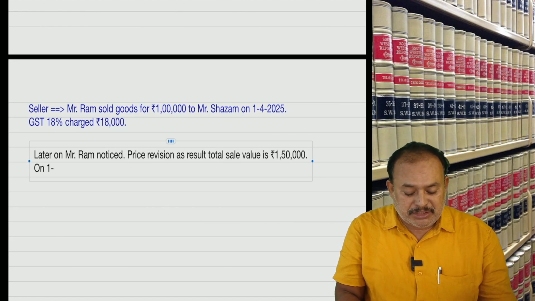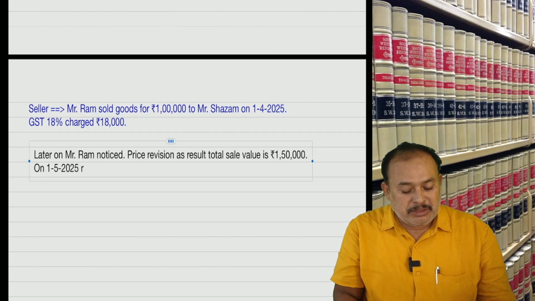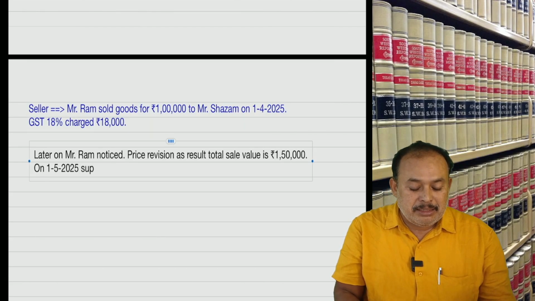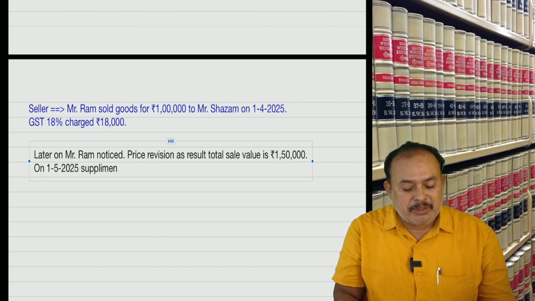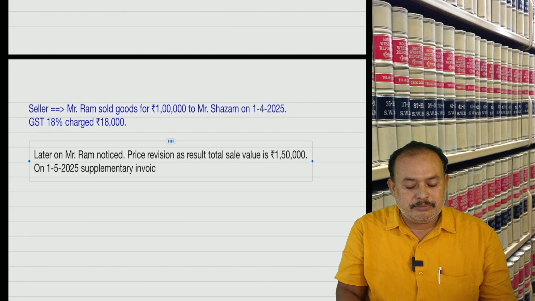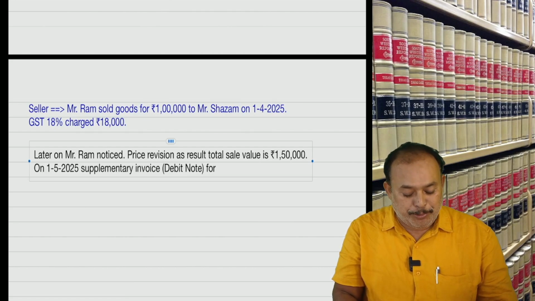On 1st May 2025, he has to issue one more, a supplementary invoice. That is nothing but a debit note, for what value?